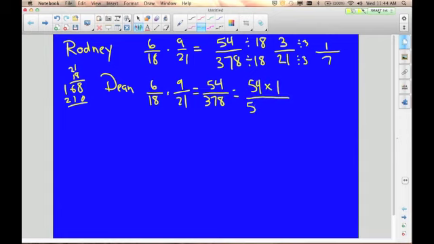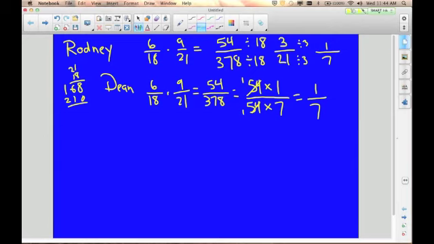If I look at that, I have 54 over 54. Well, 54 over 54 is the same as 1, so I could cross those off and make them into 1s. Whenever the numerator is the same as the denominator, that's equal to 1. Now, 1 times 1 is 1, and 1 times 7 is 7. So Dean gets the correct answer there.